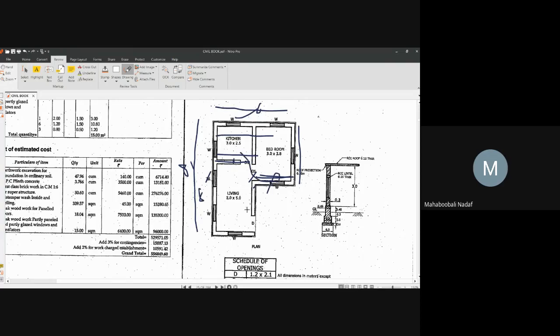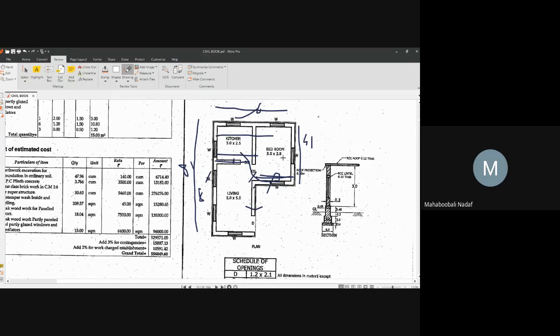One 8.1, another 8.1. So 2 times 8.1, 2 times 6.6, and only 1 times 4.1. Yes or no? Yes sir. 33.5. And another one thing is there. What is that one thing?